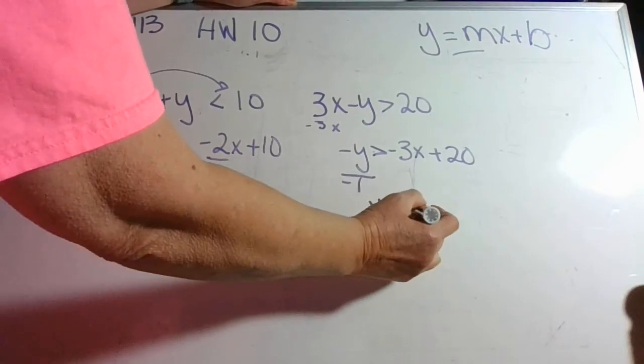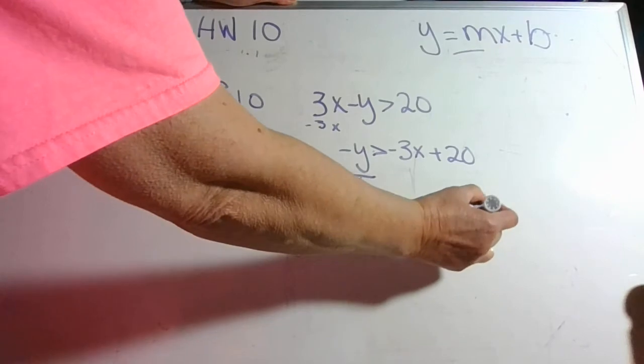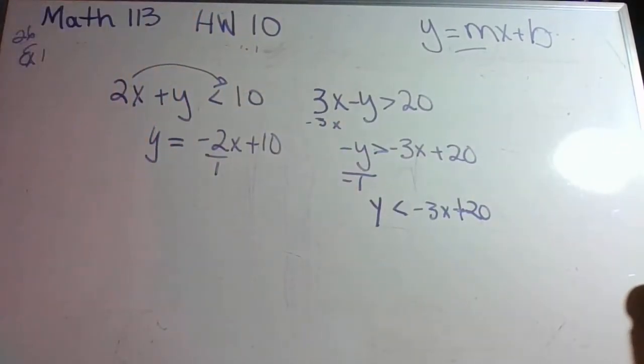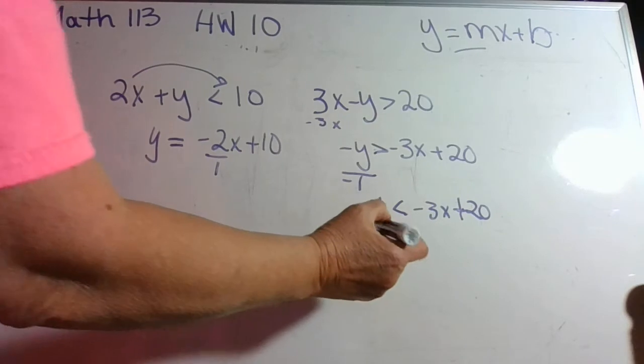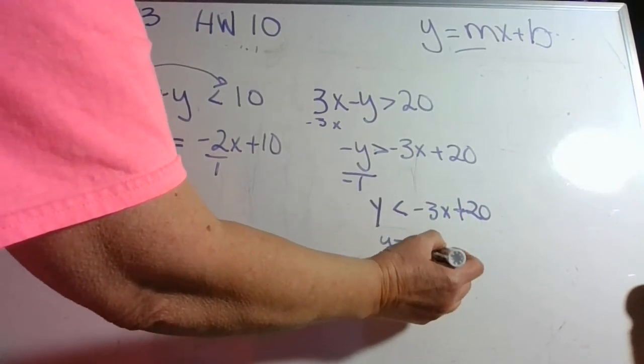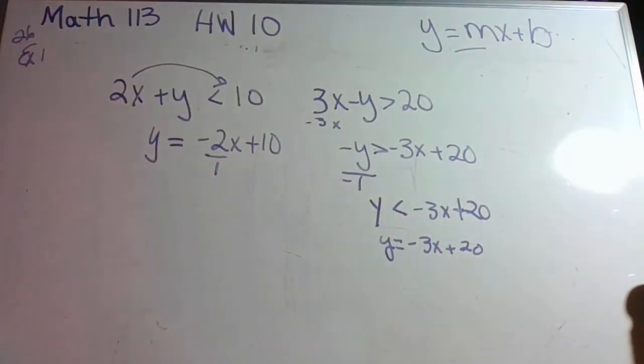Y is less than negative 3x plus 20. Hopefully you can read my writing there. Okay, so now I'm going to change that to y equals negative 3x plus 20 because I need to get my boundary line.